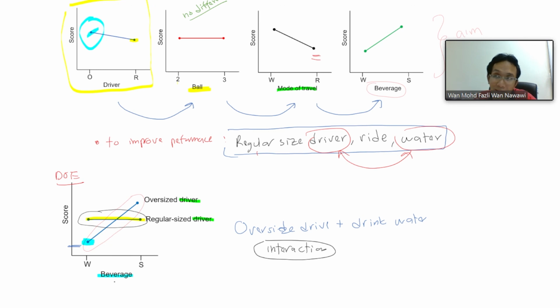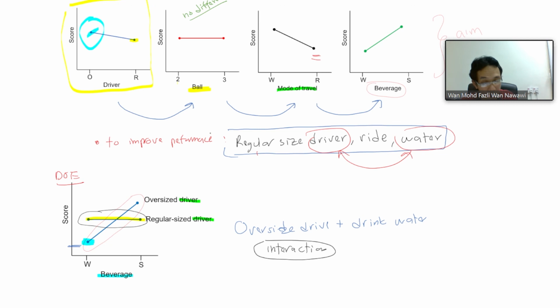Interaction between factors is common. Sometimes interaction doesn't occur, but if it does occur, then OFAT will produce poor results.